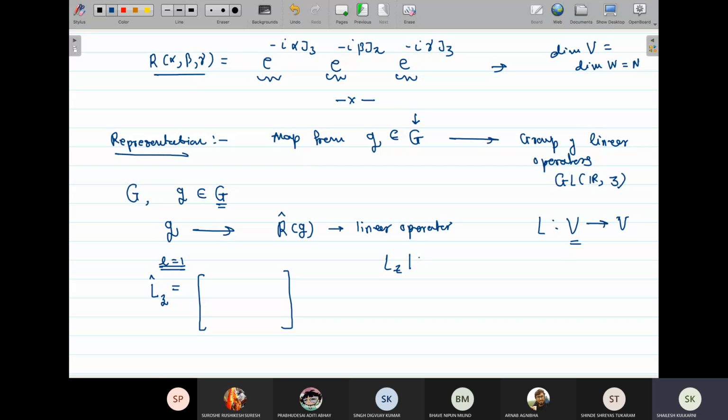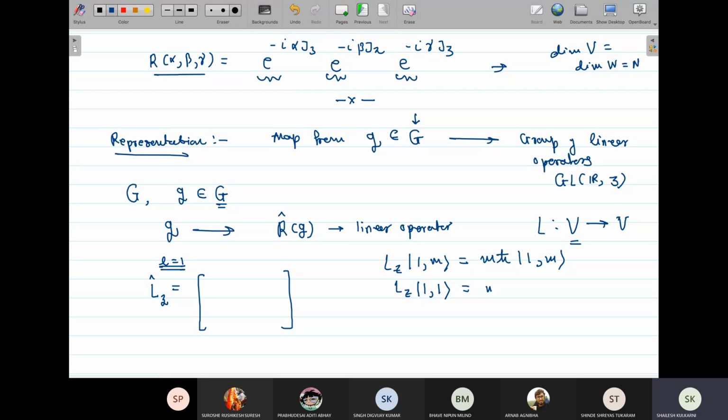Lz acting on |1, m> gives m ħ times |1, m>. How many m values are there? Three: plus 1, 0, and minus 1.